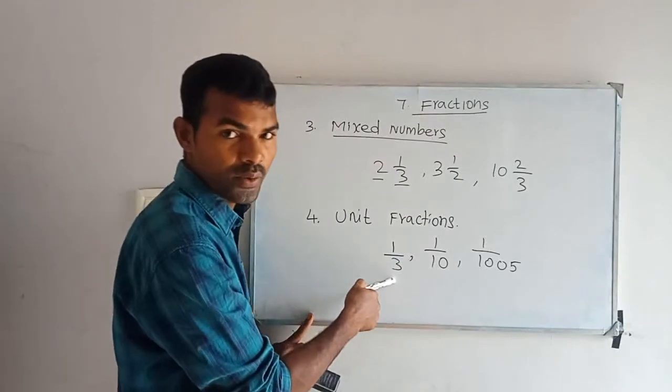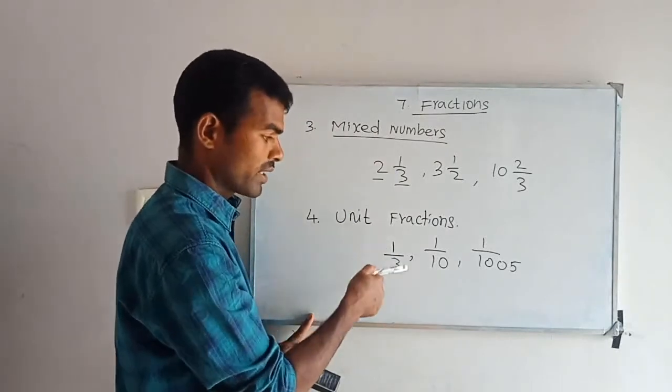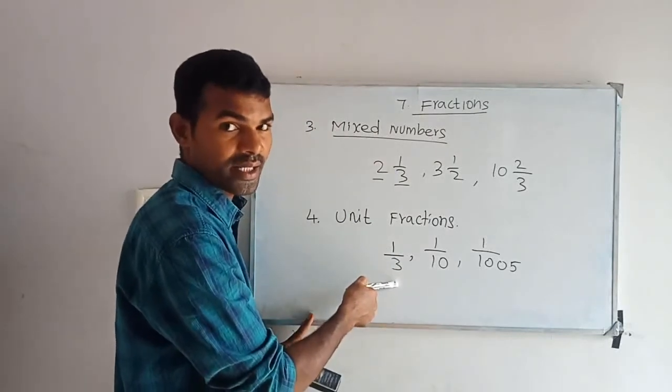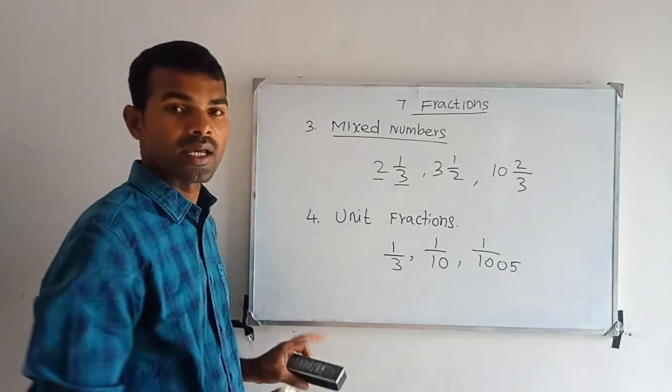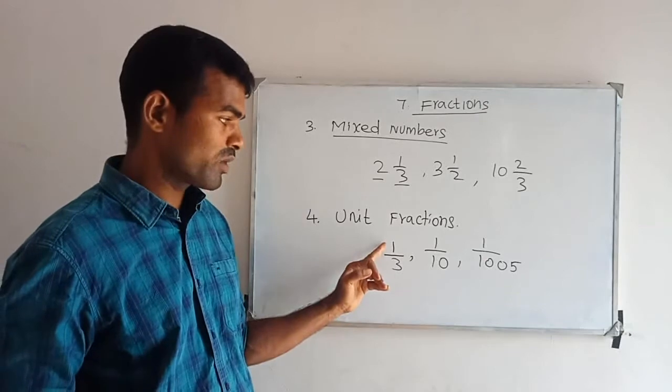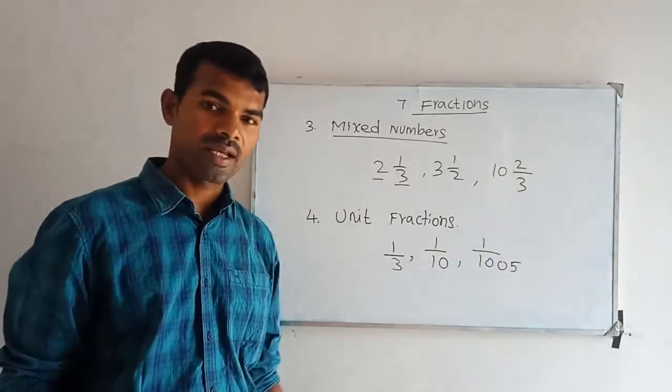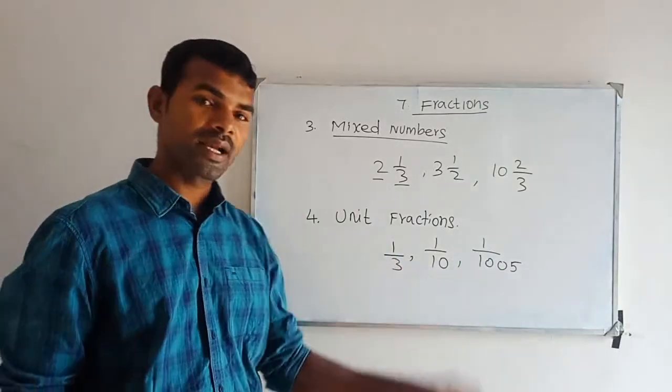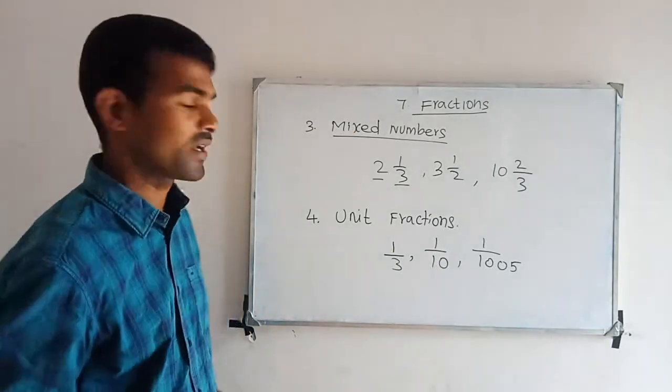This is a unit fraction. We can find a unit fraction by seeing that all the numerators are 1, but the denominator is greater than 1.